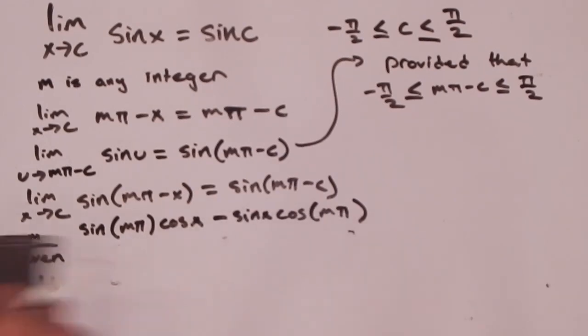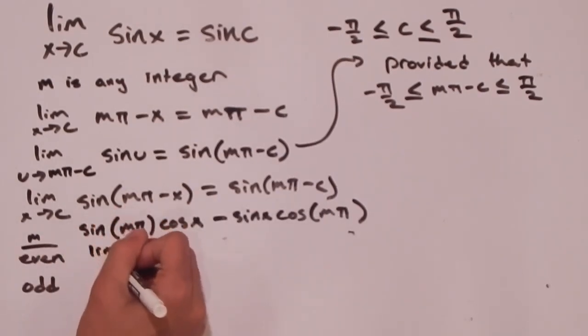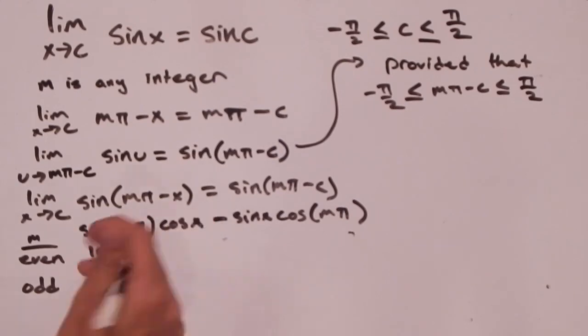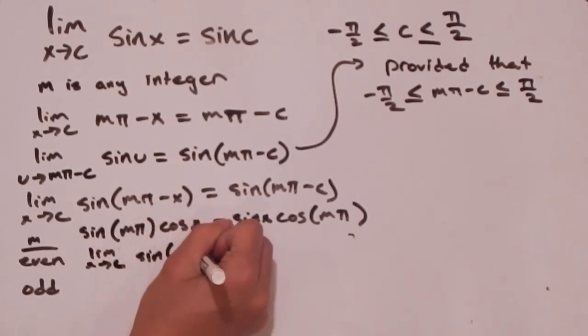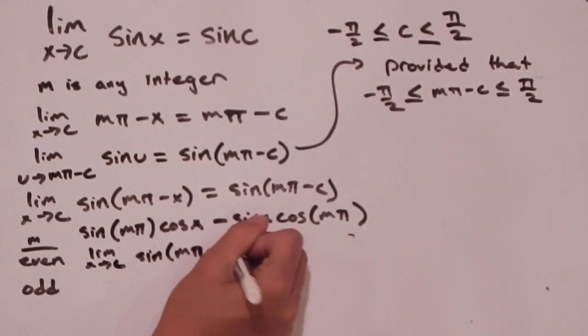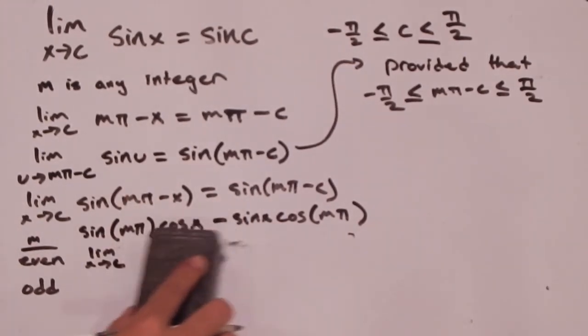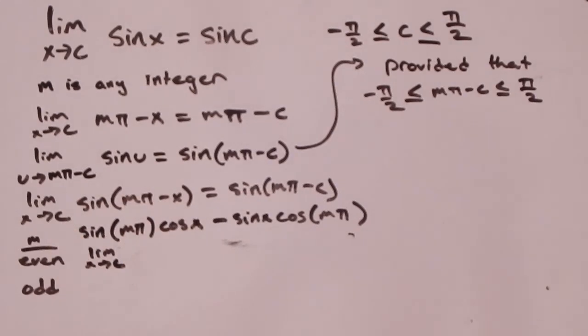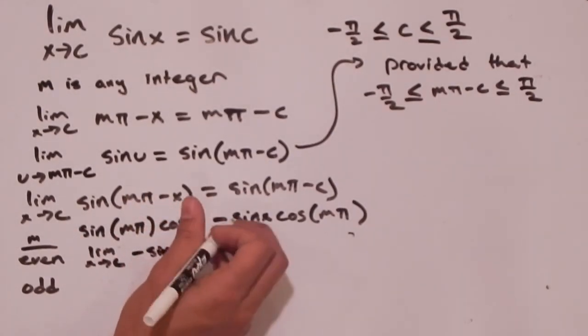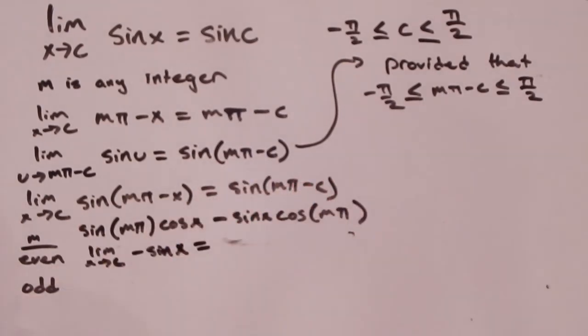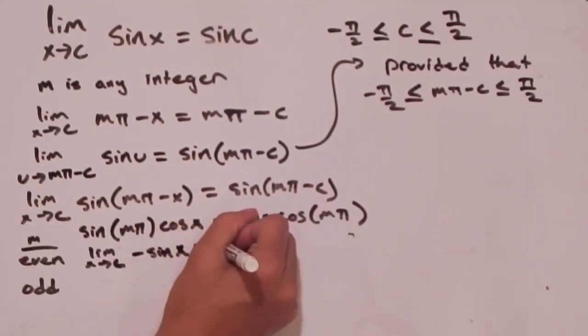When m is even, we now know that the limit as x approaches c of sine of m pi minus x, that's what we're rewriting. We just showed that when m is even, sine of m pi minus x is equal to negative sine of x, and then sine of m pi minus c when m is even is equal to negative sine of c.